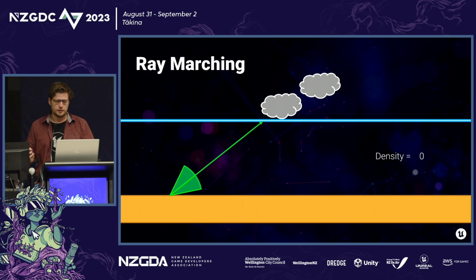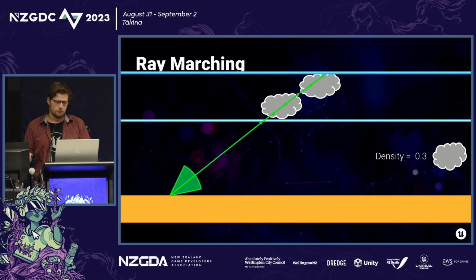At the heart of it, it's a ray marching algorithm. For every pixel on the screen, we start from some pre-described height in the sky, and the system will take ray marching steps through at regular size steps and sample a density field. It will keep going until it hits some pre-described height, and it will terminate.